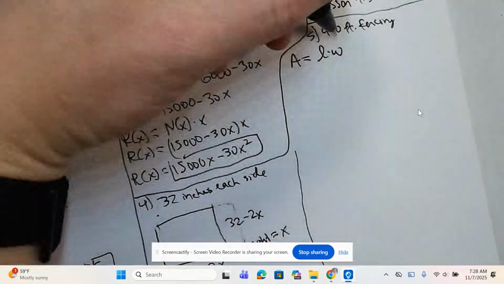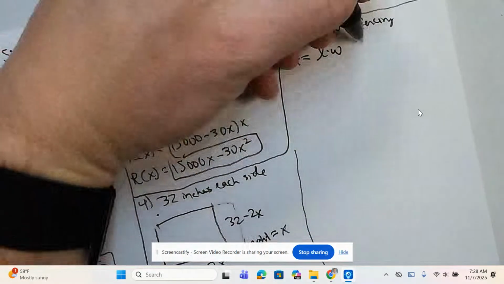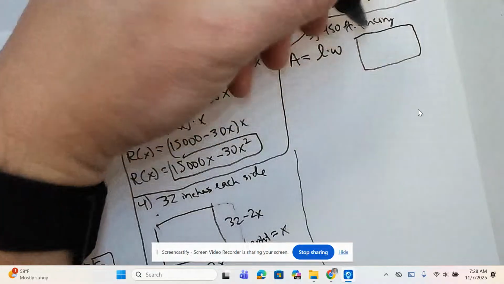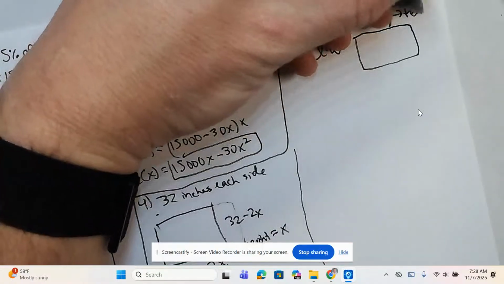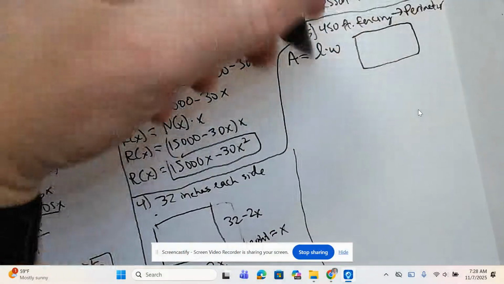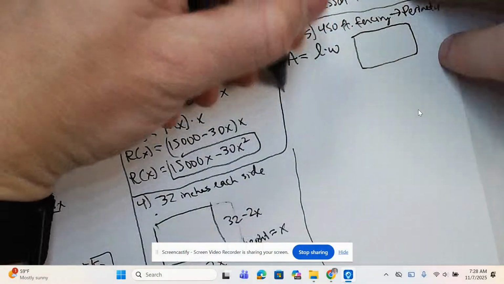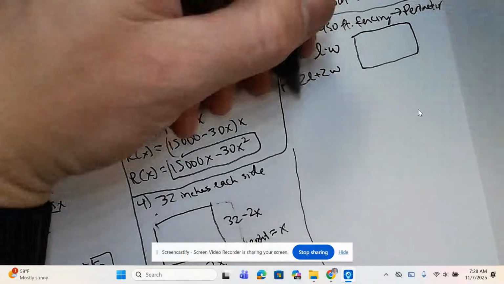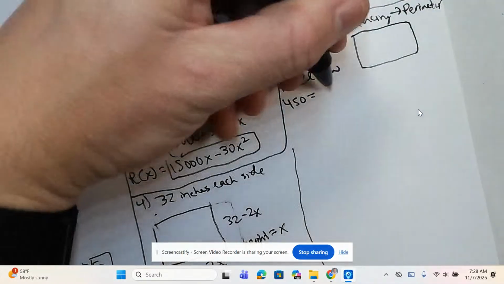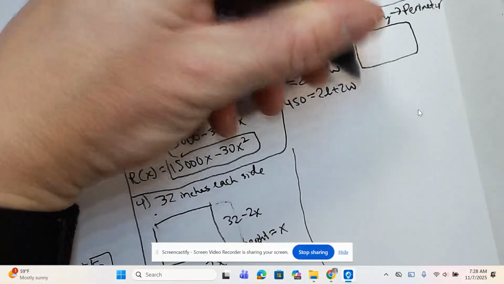All right. So we have this rectangular field, but this 450 feet of fencing gives you the perimeter. And so the perimeter is 2L plus 2W, and so 450 is equal to 2L plus 2W.